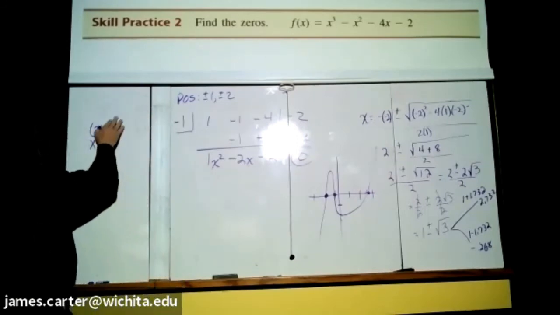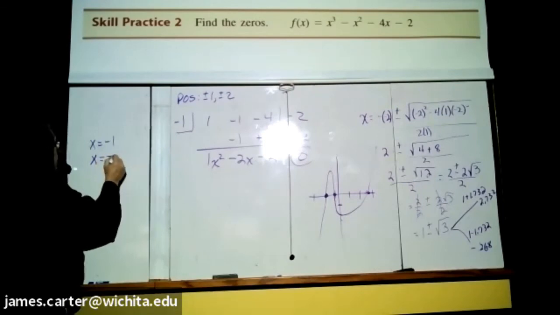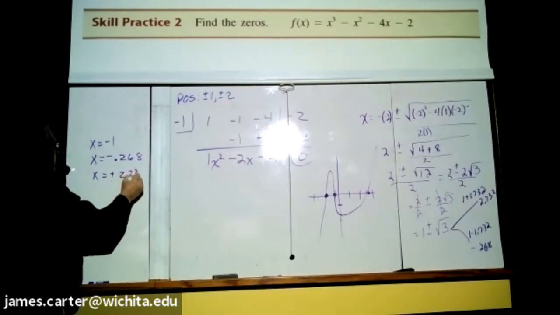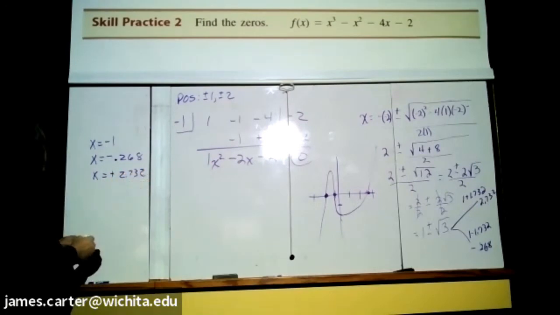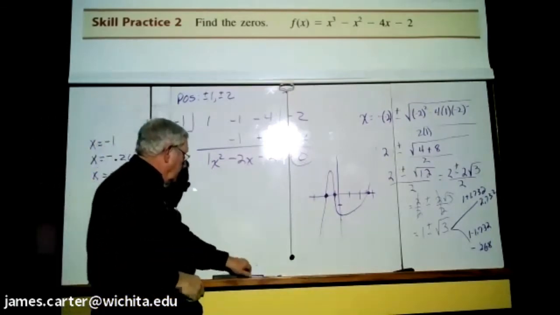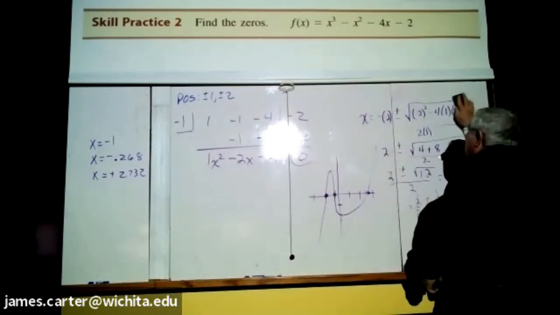So we have x equals -1, x equals -0.268, and x equals +2.732. Okay. That one was kind of a pain. So was the last one.